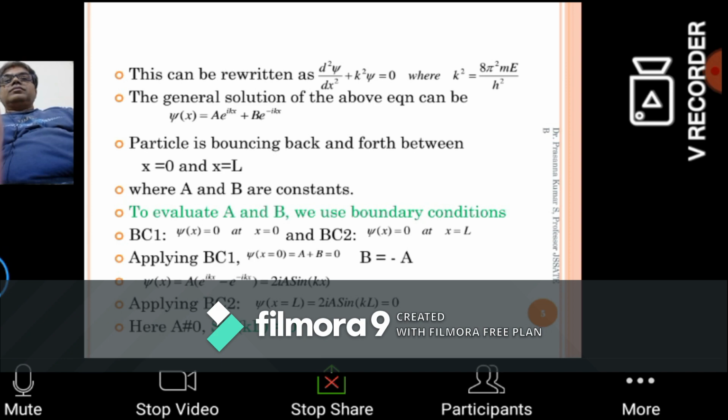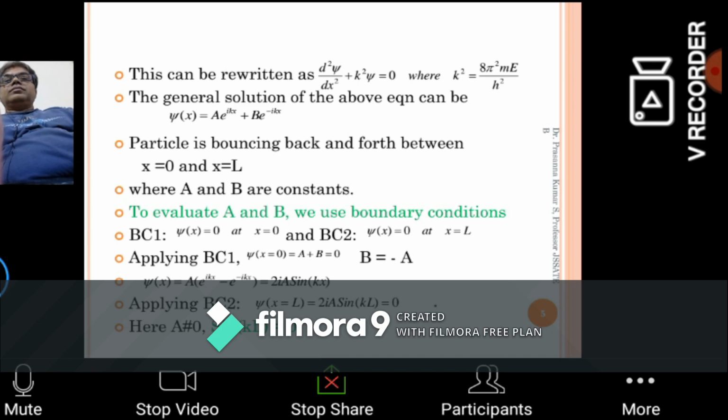And again, I rewrite the previous equation as d square psi by dx square plus k square psi equals 0, where psi is as usual the wave function and k square is a constant, that is 8 pi square m E by h square.